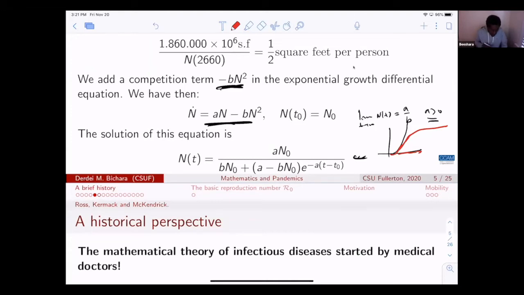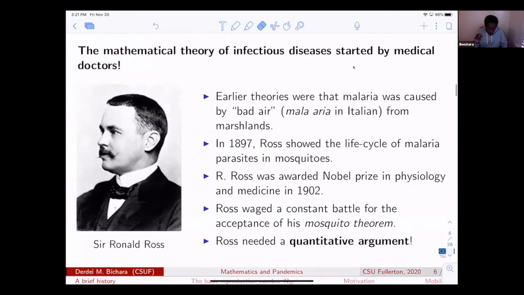So now that we have this, later Ross, Kermack, and McKendrick tried to use this type of model to capture the dynamics of diseases. The first one to capture mathematically a type of disease is Ronald Ross, and he tried to understand malaria.